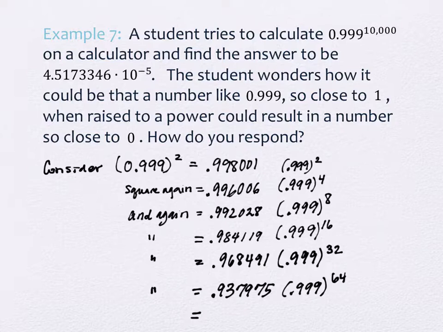That's what I've got written down. 0.93 goes to what? What's our next step? 0.8797. What exponent am I up to? 128.